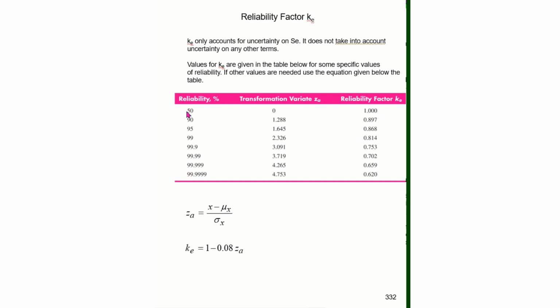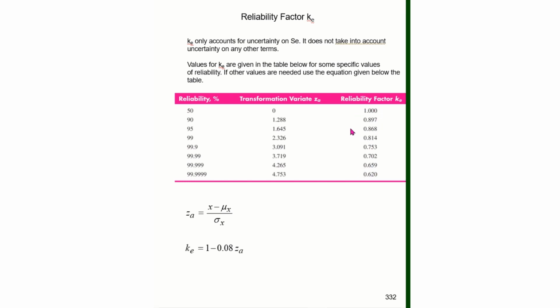But you can see that we go from a 50% reliability to a 90% reliability simply by dropping from a 1.0 to a 0.897. And then 95 and 99% reliability have additional drops. To get to a 99.99% reliability, you have a very large reduction due to your Ke.